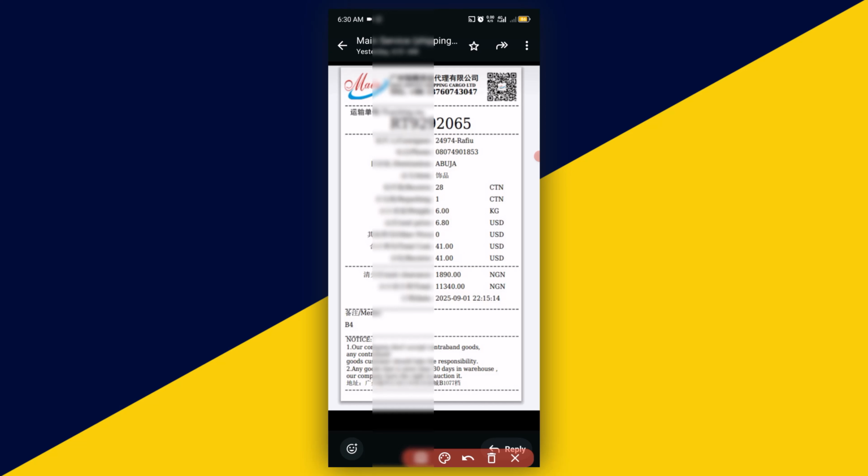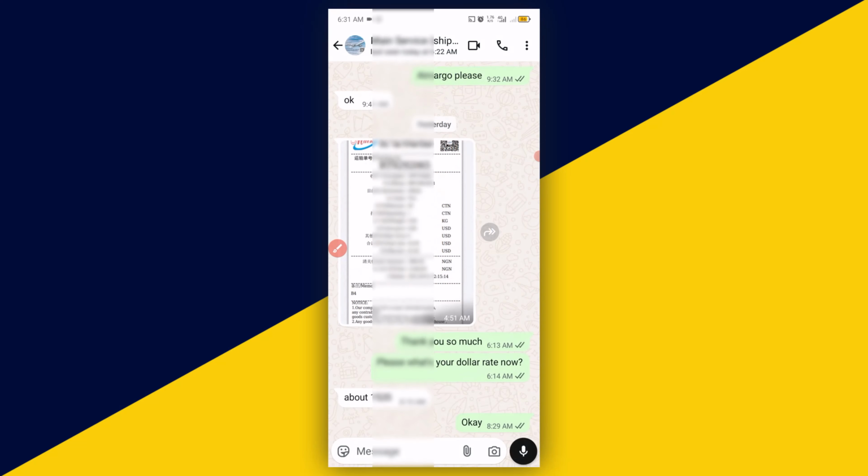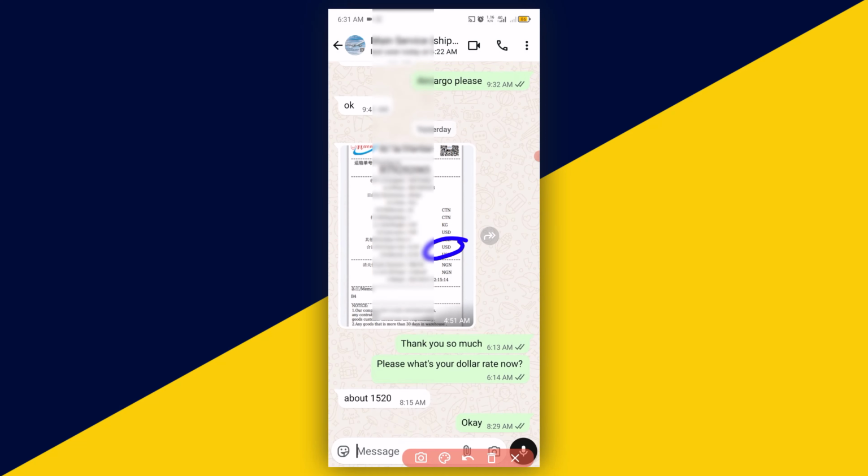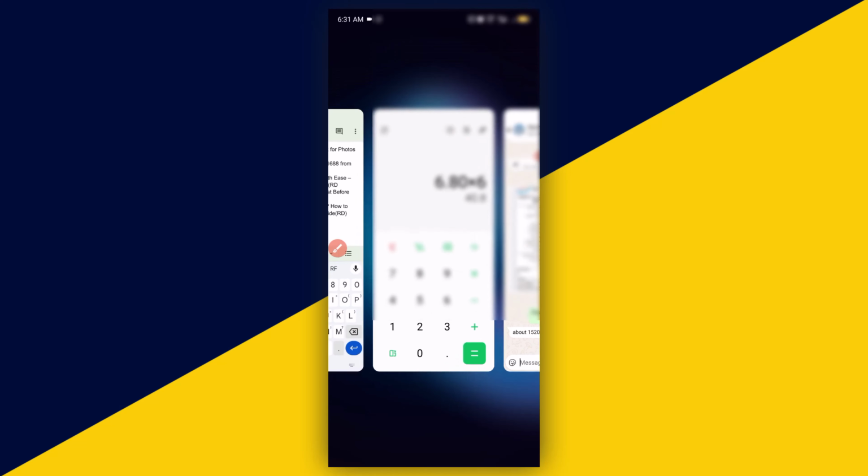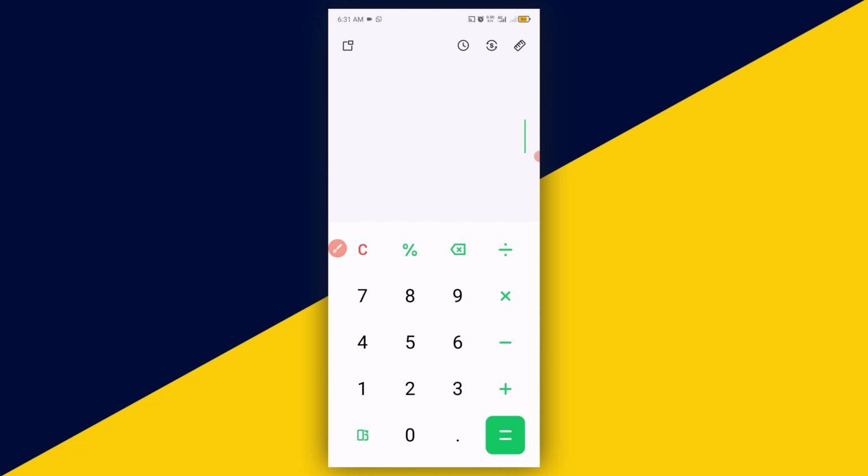What you want to do next, to know the actual international freight fee, is to multiply the exchange rate given to you by the shipping company by the total cost. The exchange rate given by the shipping company here is 1,520 naira. So we multiply 1,520 by their total cost of 41, and we have 62,320 naira.